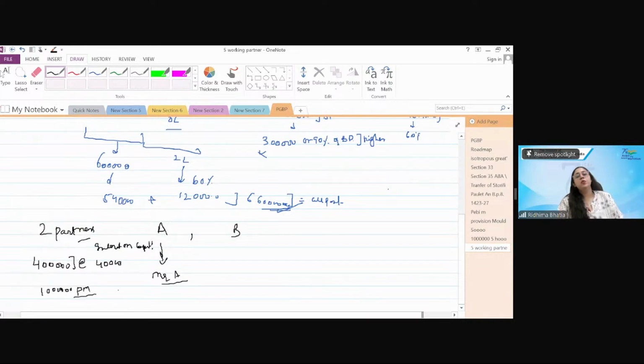So you have to tell me what is the income taxable under, I have taken this when I was telling section 28, taxable in the hands of Mr. A, who is the partner. What would be the income taxable under the head PGBP for Mr. A? Only this is the information given to you, and the 660 is given to you, which is the amount deductible as salary for the firm, or in the hands of the firm, for both the partners.